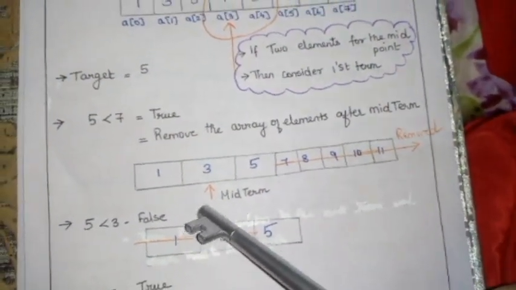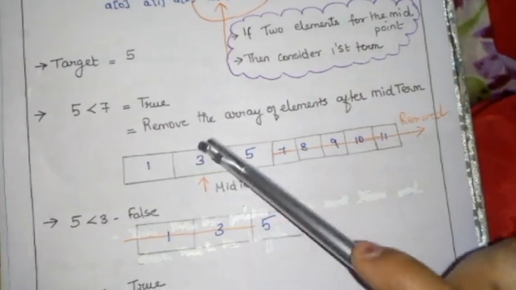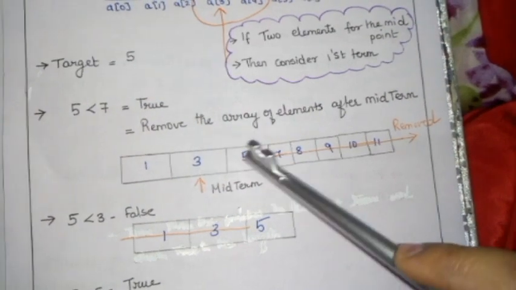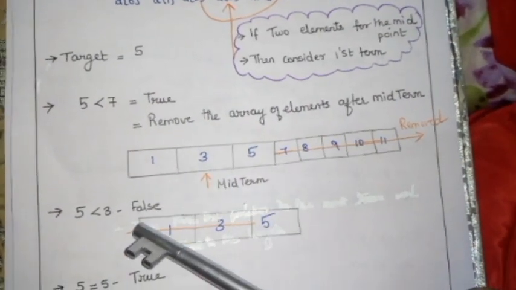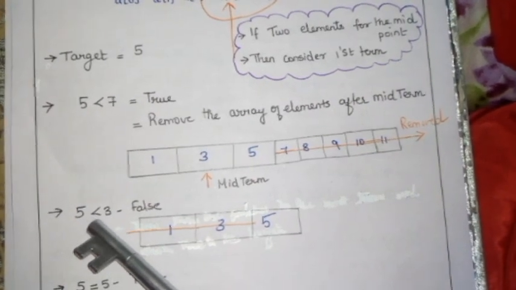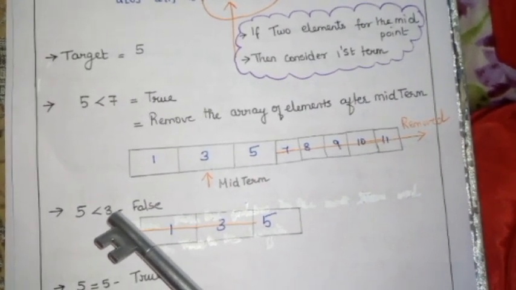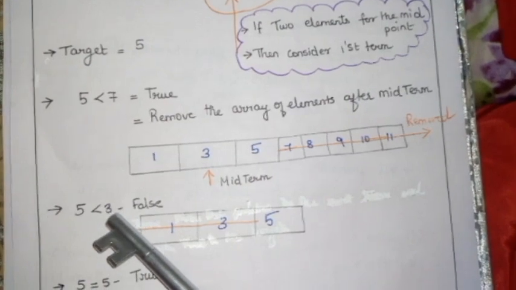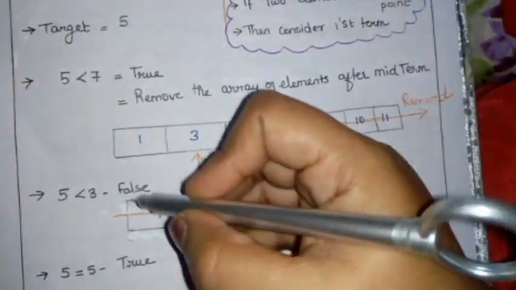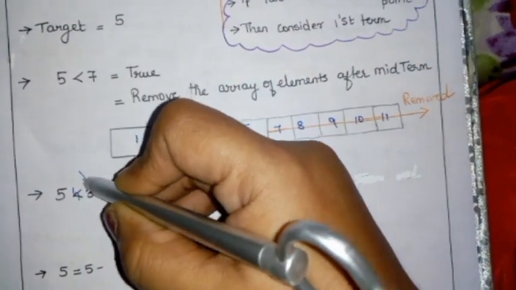So I'm going to consider only 3 elements now. Now my new midpoint is the middle term, 3. I'm going to compare my target with the midterm. So what is it saying? The target is greater than the mid.